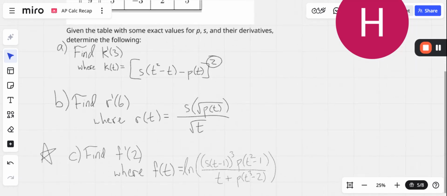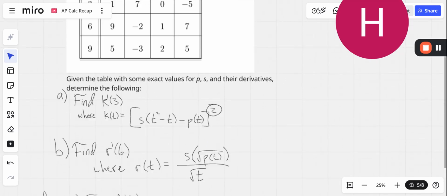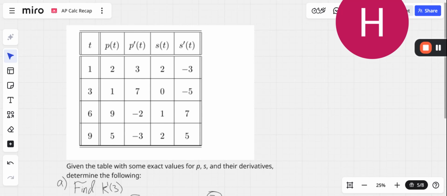That will make this much easier, still lengthy, but much easier. And without further ado, I'm going to leave this table of values up for you for a few seconds. You can pause the video to use them while you're solving these derivatives. And when you're ready, you can unpause the video. Come back, see how it was done here.